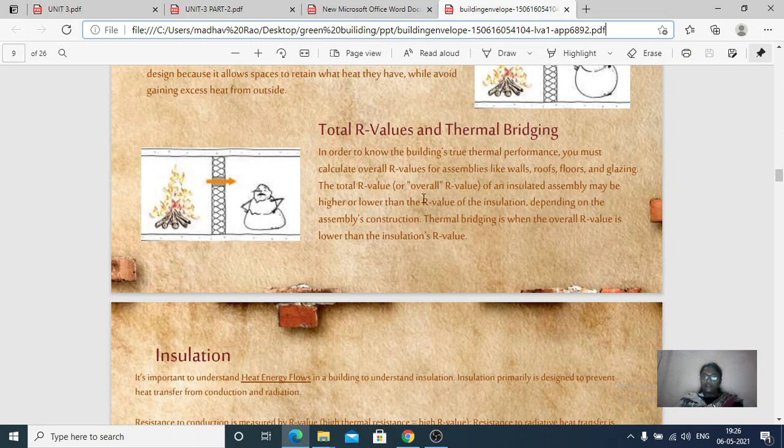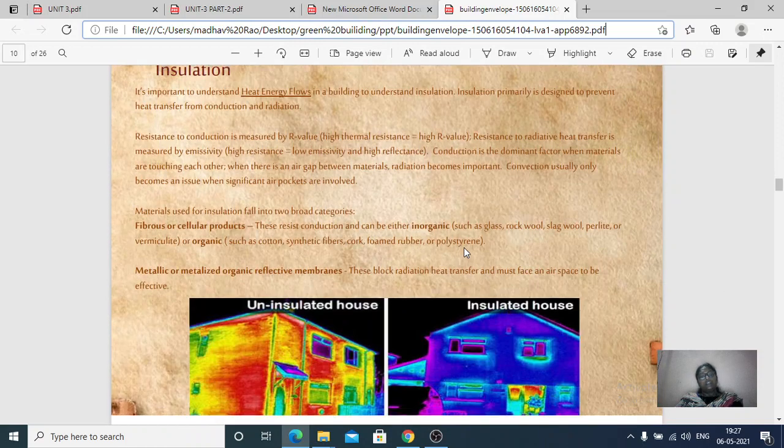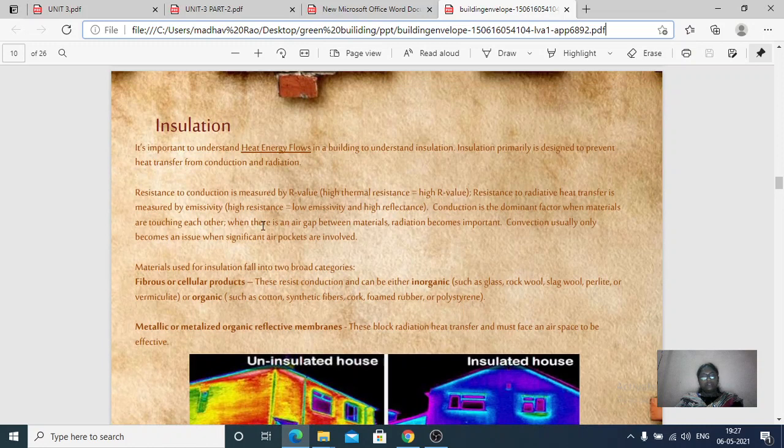The total R value or overall R value of an insulated assembly may be higher or lower than the R value of the insulation, depending on the assembly construction. Thermal bridging is when the overall R value is lower than the insulation R value. The R values will be given by the code books.